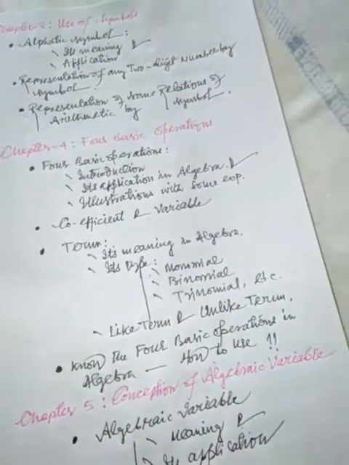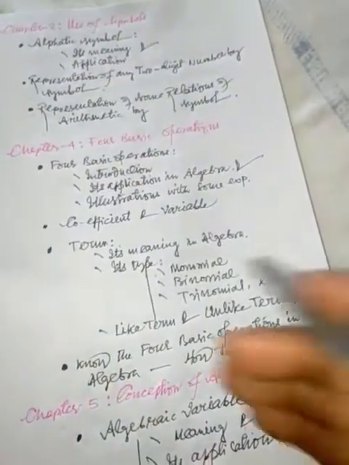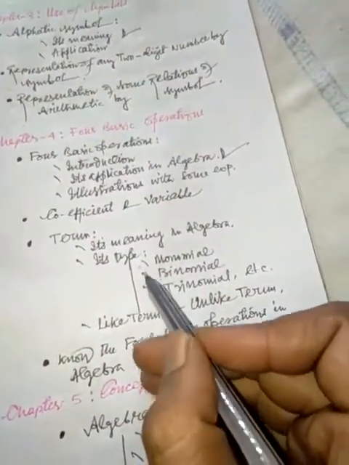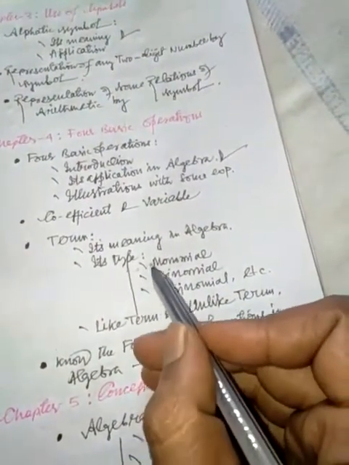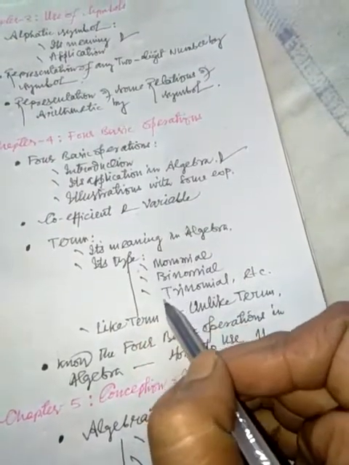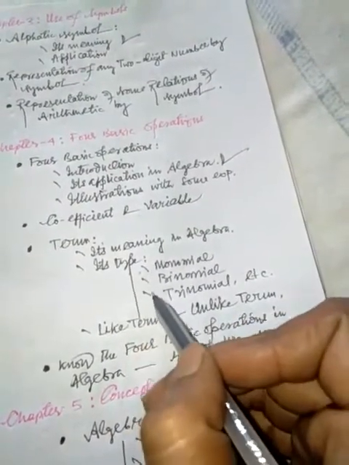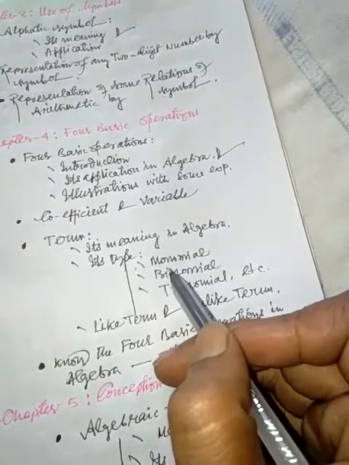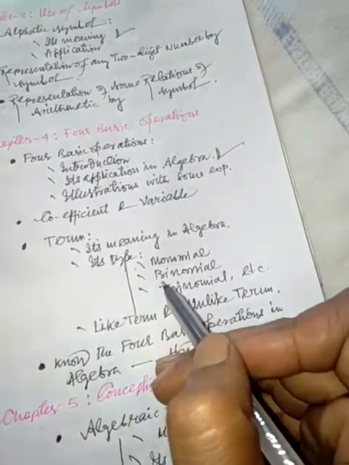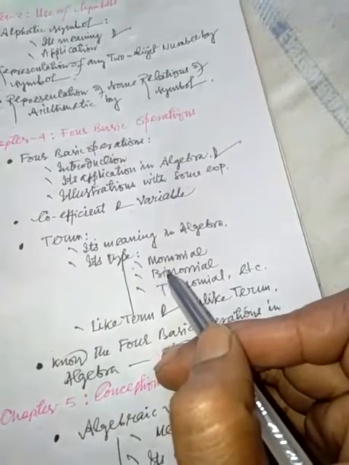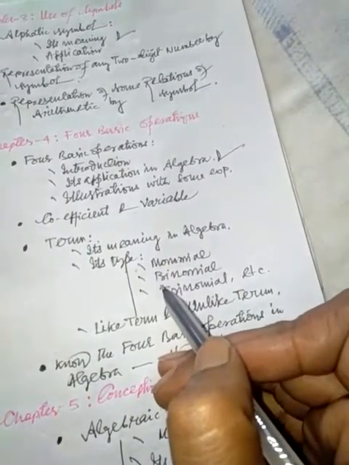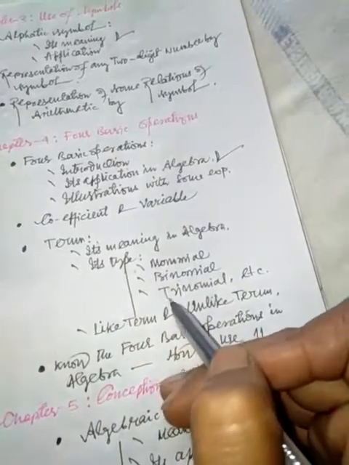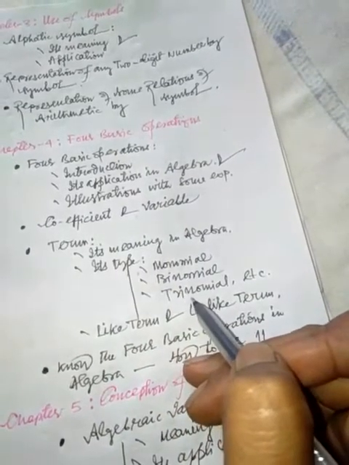How many types of terms are mainly used in algebra? Basically in class 6, three kinds of terms are used, such as monomial, binomial and trinomial.